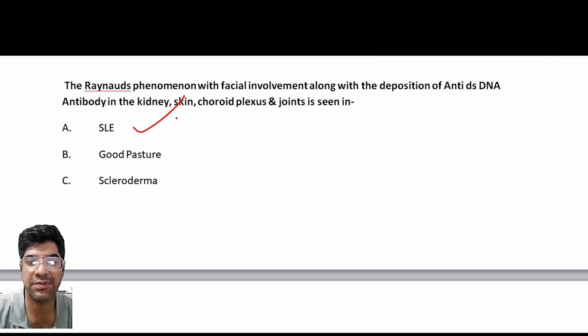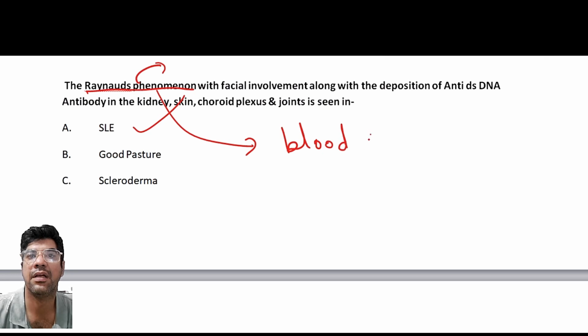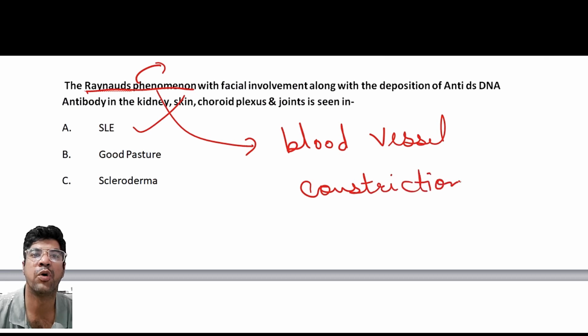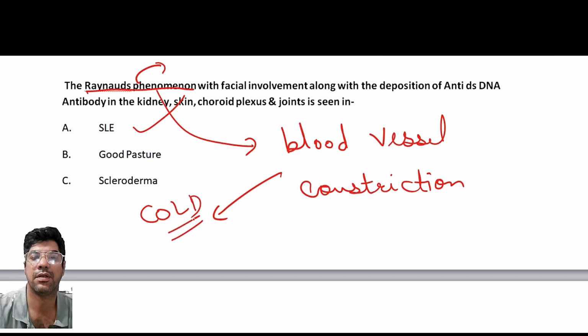Raynaud's phenomenon involves abnormal blood vessel constriction in response to cold. The presence of anti-dsDNA antibodies is a specific marker for SLE.